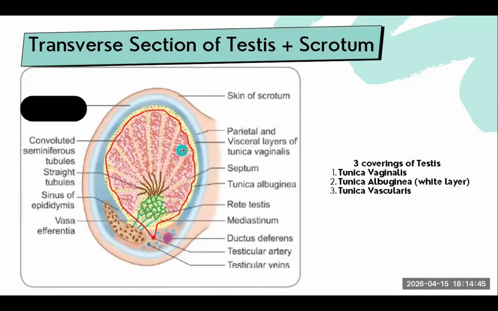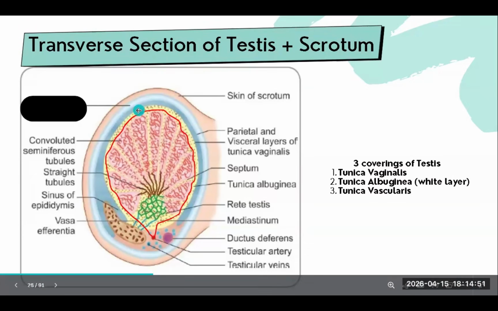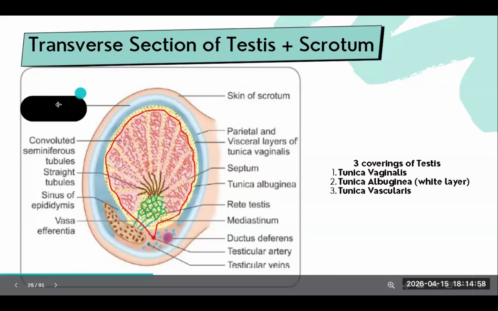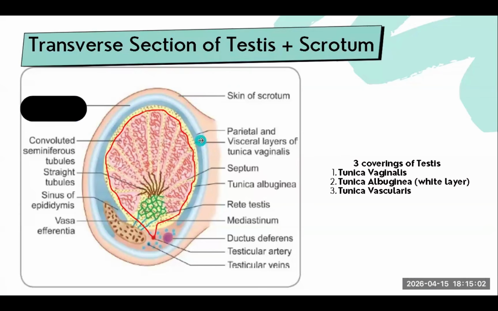Now, let's look at a transverse section of the testes and the scrotum, going from outside to inside. The first thing you're going to meet outside is the skin of the scrotum. Inner to that is something we're not concerned of, this black whatever. And then we have the tunica vaginalis, the parietal layer of the tunica vaginalis, and then the visceral layer of the tunica vaginalis.